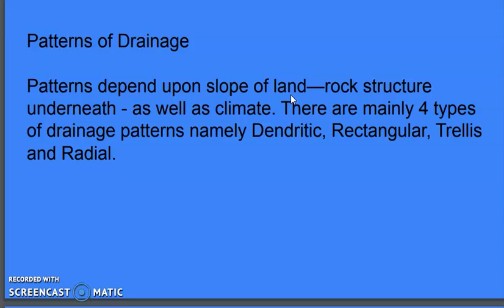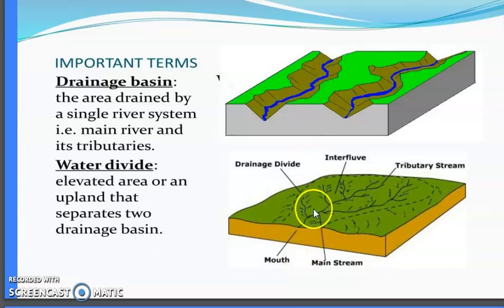Now we will discuss the drainage pattern. What is a drainage pattern? When the river is flowing, suppose in this region, the tributaries join the main river. What are tributaries? Tributaries are the small streams or small channels of water which join the main river.